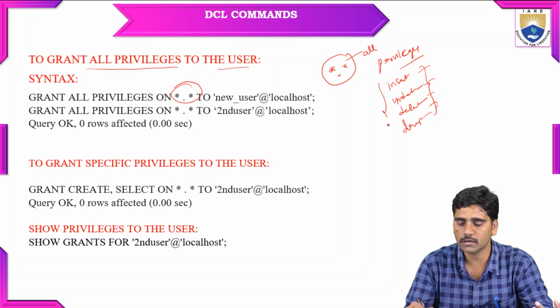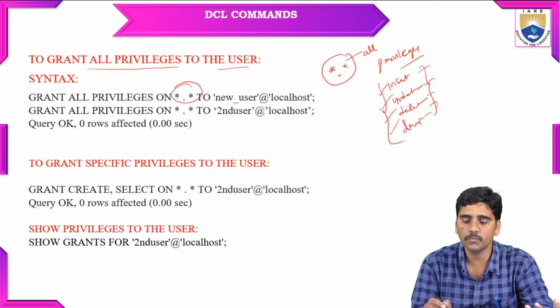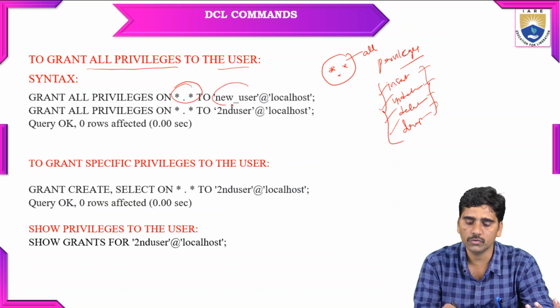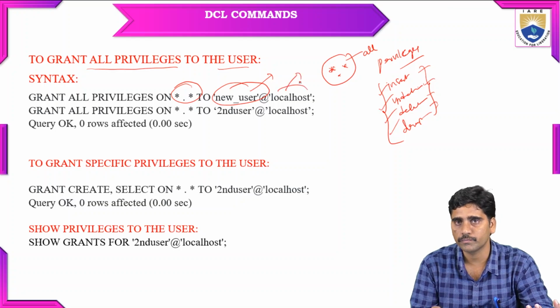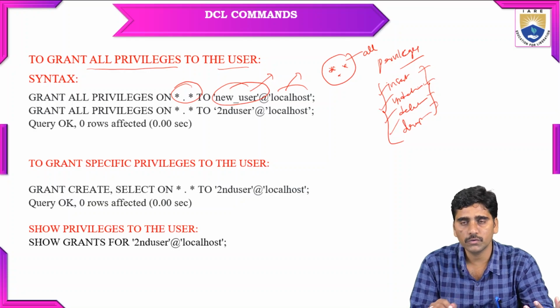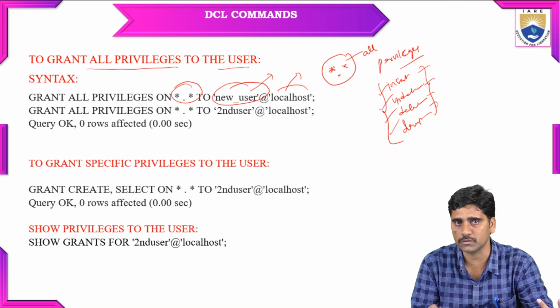All privileges are nothing but insert, update, delete, drop. You can give all the privileges to the user, which is new underscore user at the rate localhost. If a host is specified, then you can specify it; if it is not specified, you need not specify the host.